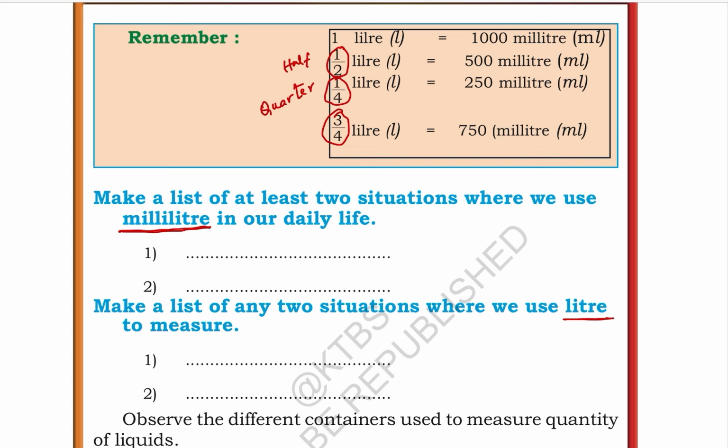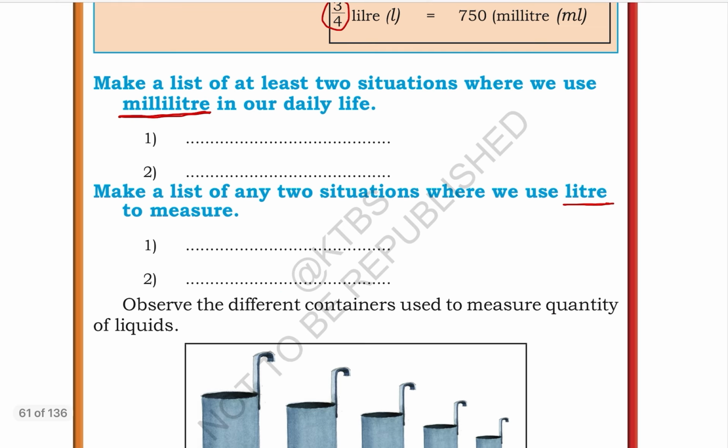The liquids which we measure in a small quantity, we measure in milliliter. There are so many things of this type which we use in our daily life, at our home, at our school, somewhere else also, in hospitals also. Okay, and the second one is, make a list of any 2 situations where we use liter to measure.